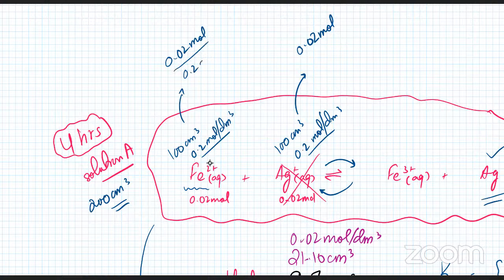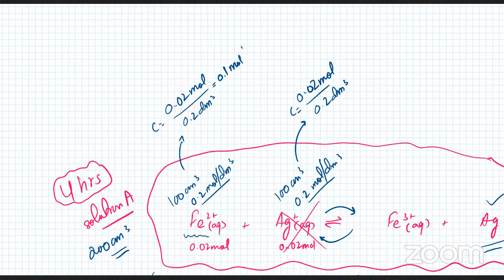It's 0.2 dm cube, right? So these moles are also present in 0.2 dm cube. Is the idea clear? So the new concentration, once the two solutions have mixed, is actually 0.1 mole per dm cube.